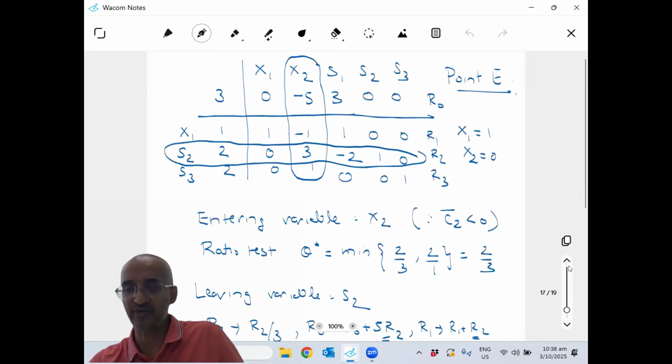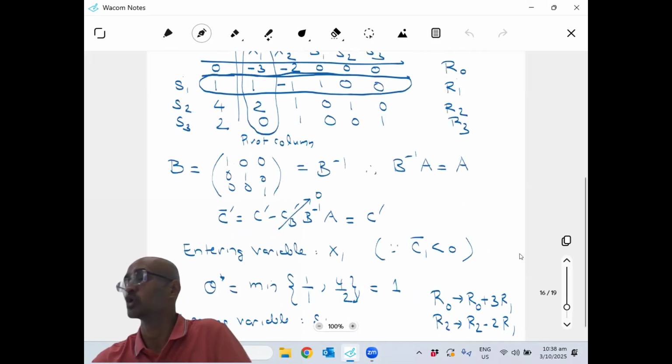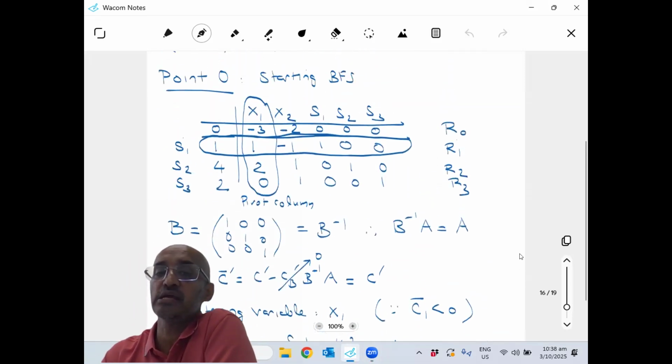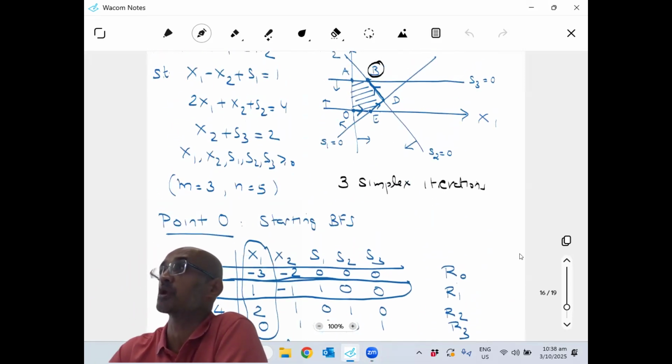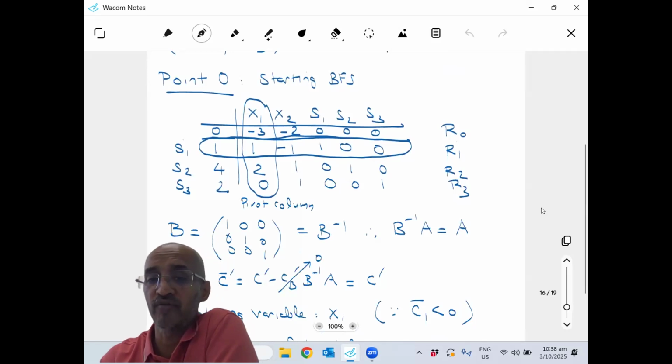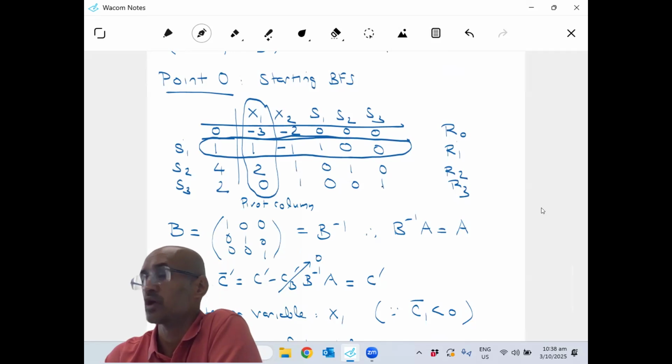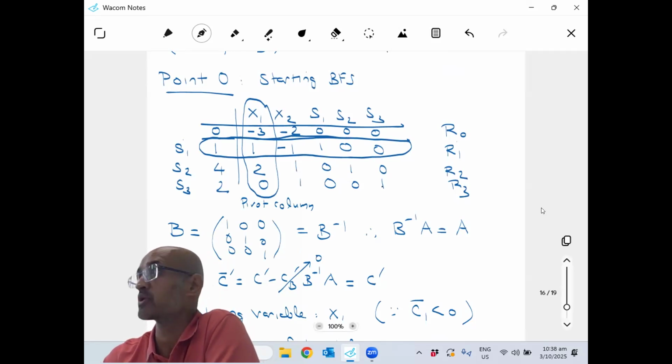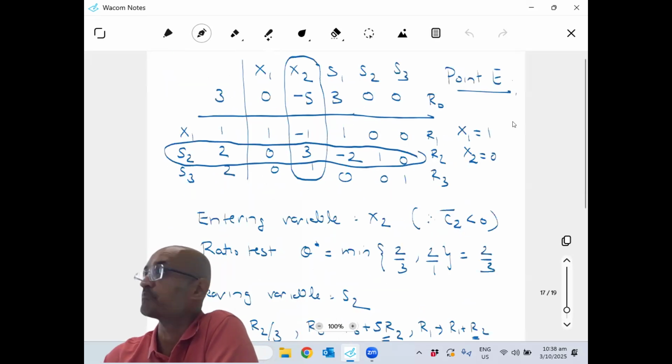Remember, M is three, so there are three basic variables in this problem. You will observe that in this tableau, there's a 1, 0, 0, 0, 1, 0, 0, 0, 1, which corresponds to my original basic variables. There's an identity matrix.